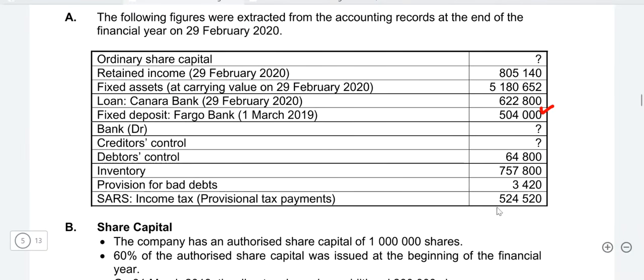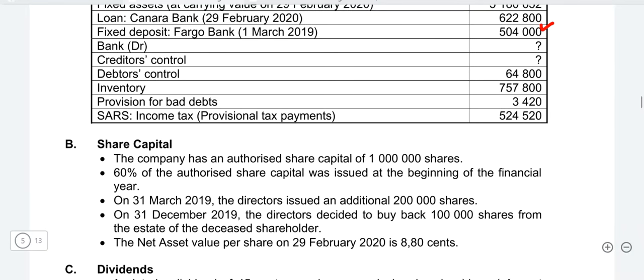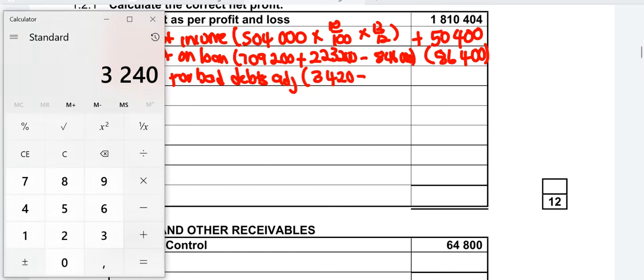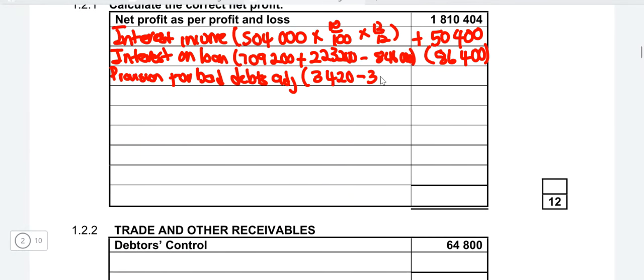So we're going to say 3,420. Here we're going to say provision for bad debts adjustment, and then we say 3,420 minus 3,240, and because the new balance is decreasing, this will increase our net profit.